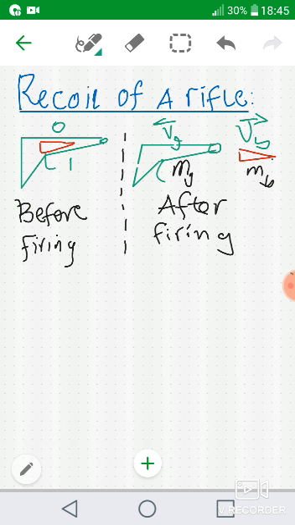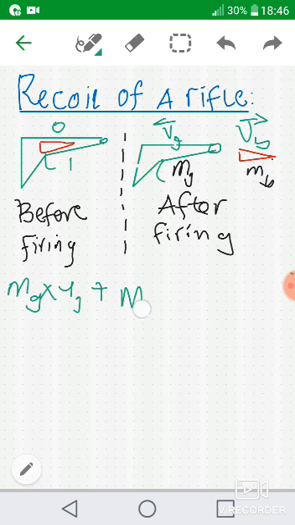Initially we can conserve momentum by saying that momentum before firing is equal to momentum after firing. Before firing, the gun has mass mg times velocity, because we know momentum is the product of a body's mass and its velocity. The velocity is ug for the gun, plus the mass of the bullet times the velocity of the bullet, because the bullet is within the gun and the gun is not moving.